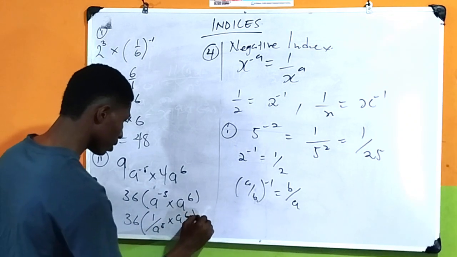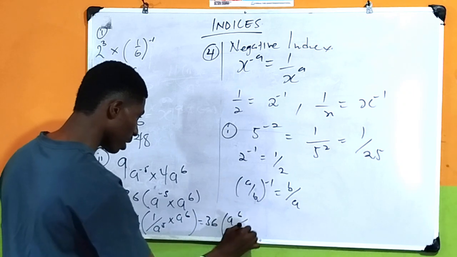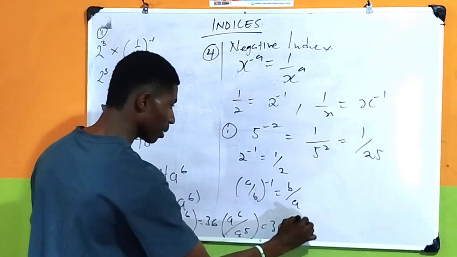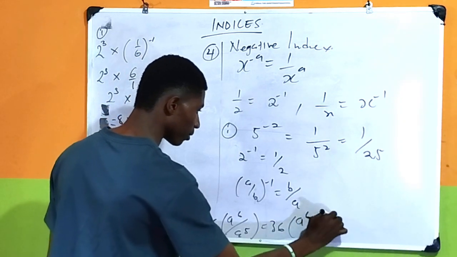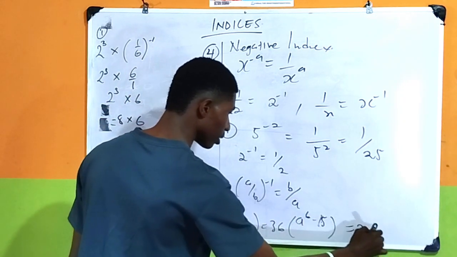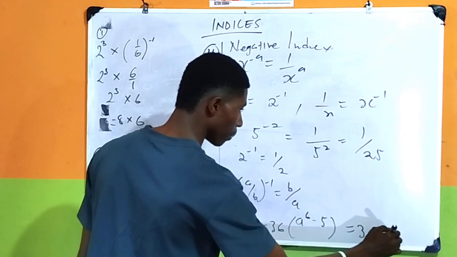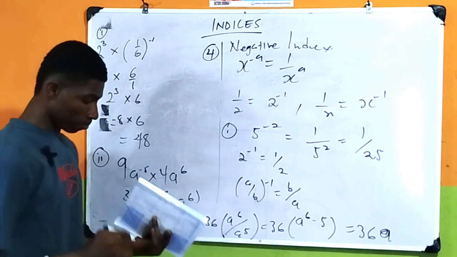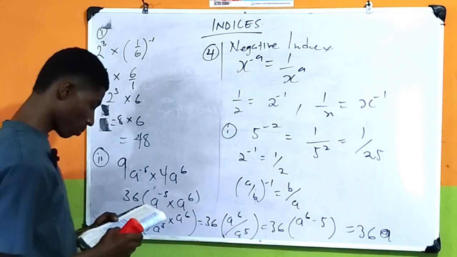Hence, I have 36a^6 over a^5, which is 36a^(6-5), which is 36a^1, just 36a. Hope it's clear.